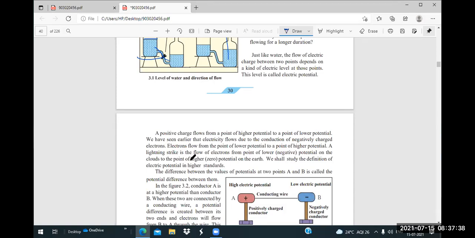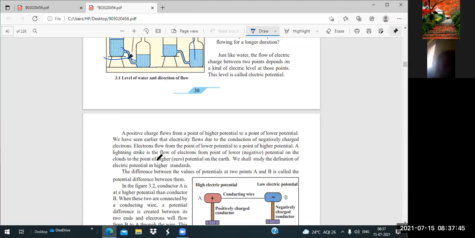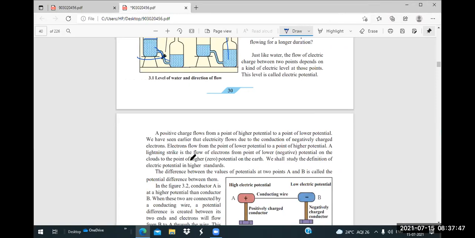Yes, sir. So what happened here? Higher potential is present on the earth and lower potential on the clouds. So due to that reason they attract. What we have learned is that positive and negative charges attract towards each other, and due to that reason lightning happens. One positive charge, one negative charge.